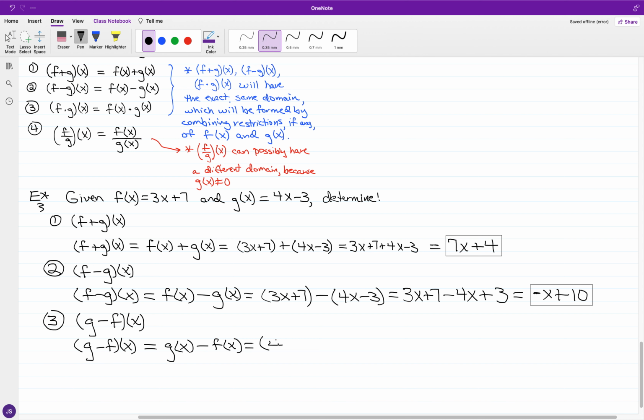And subtracting, now we have with f of x, 3x plus 7. So we're trading places in terms of what comes at the front and what follows.